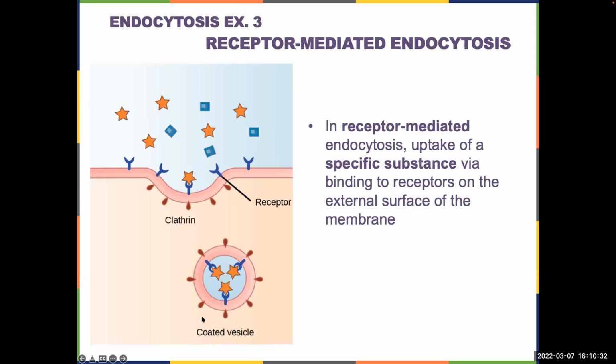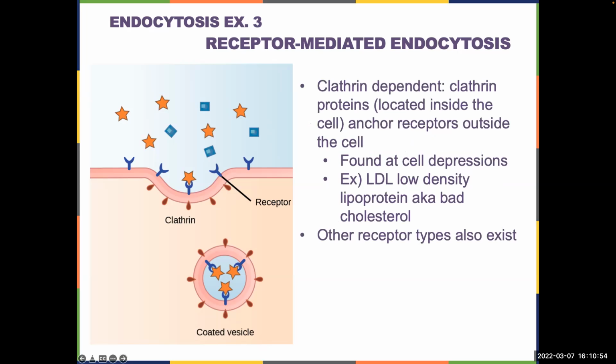This vesicle is coated with protein because it happened at a region. Those receptors are going to be on regions where there are other proteins on the inside. And this example, this protein on the inside is called clathrin, but it's not always that, but it is the most common example.